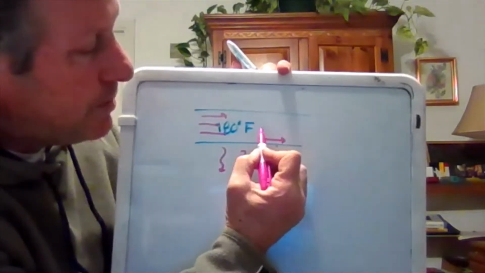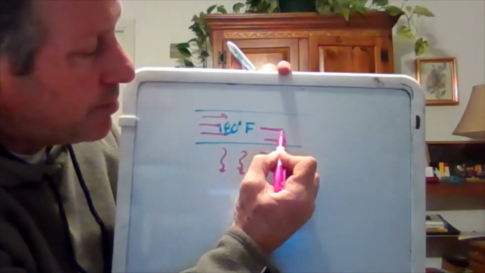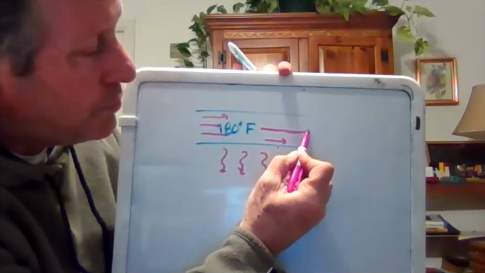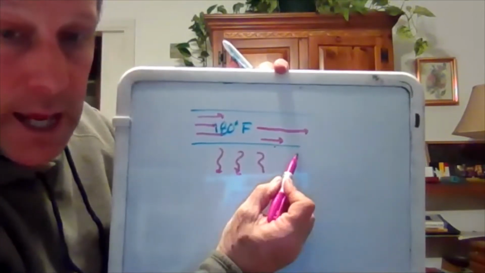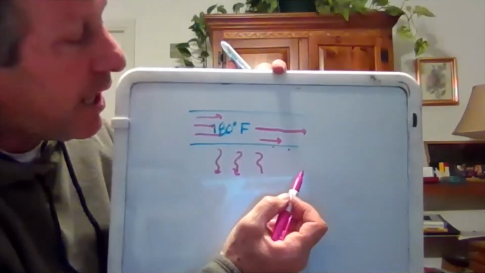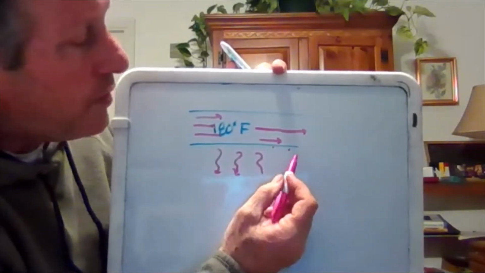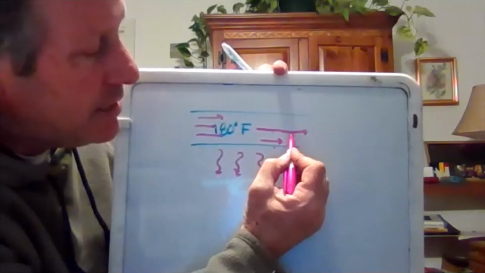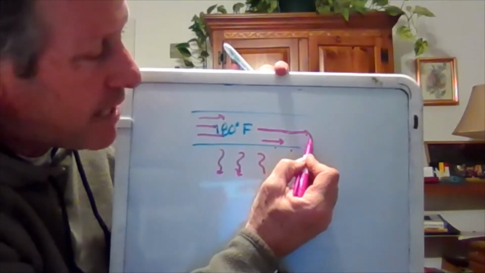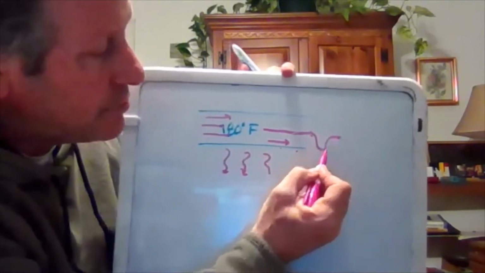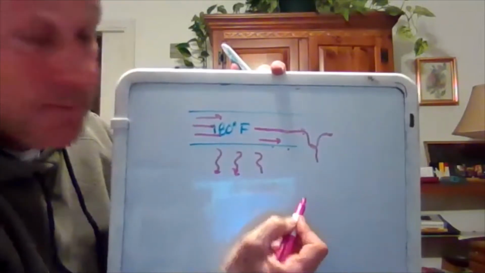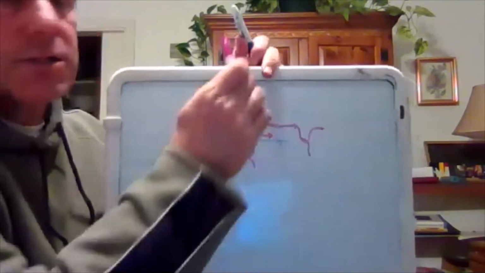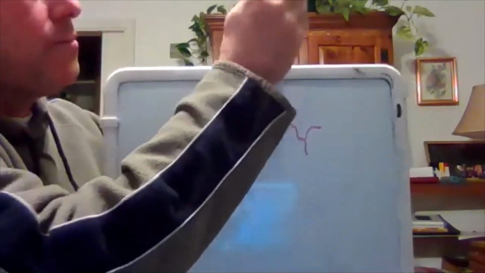But this fluid that's in the middle that's 180 degrees, remember, it actually just flows in a layer like that and never actually touches the side. So the heat can only get out via conduction via layers. This fluid never makes that turn and goes down and gets close to the wall so the heat can come out. So it turns out in a case like this, we'd actually want turbulent flow.